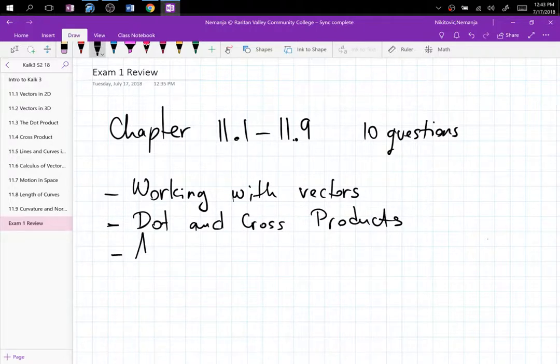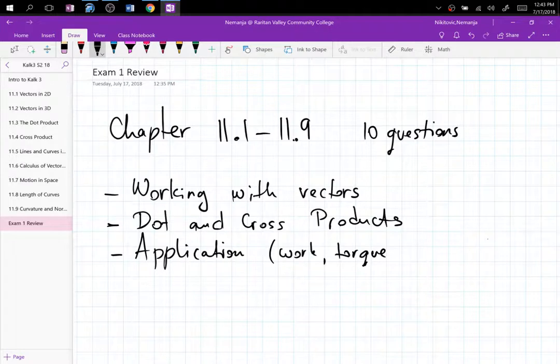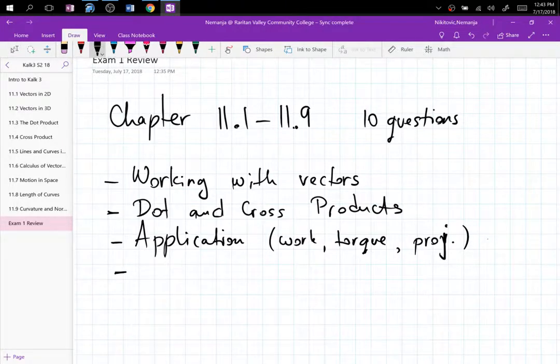Then we have the application of dot and cross product, which would be work and torque and projection, all of that good stuff. So working with vectors, dot and cross products, and then application of those.